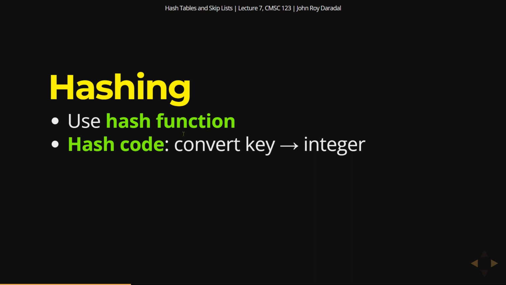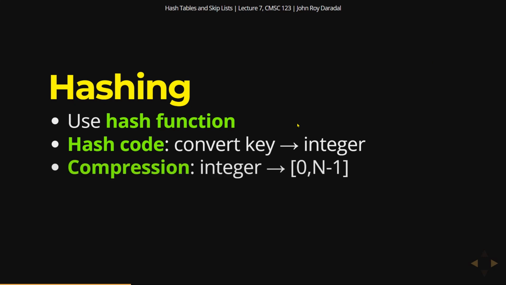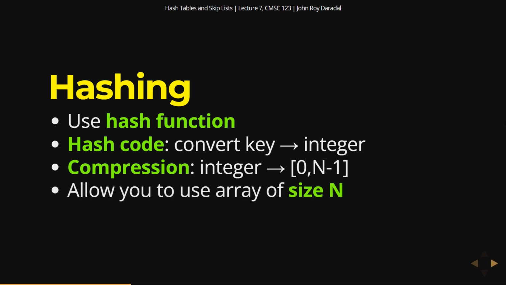That's the work of the hash code, and then that integer should be compressed into the range 0 to n minus 1. That is the work of the compression function. This will allow us to use an array of size n in our map. That is what we've been doing so far.